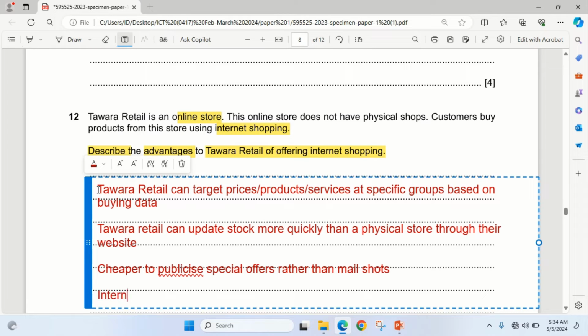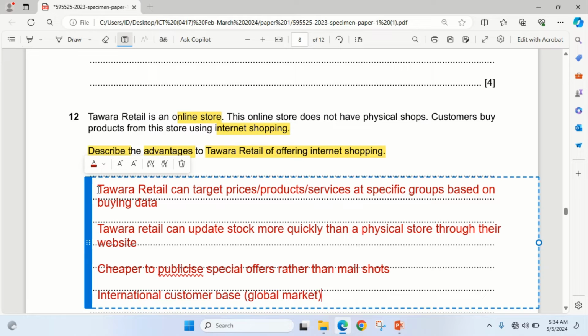That's another advantage. International customer base or global market. That's what we mean by global market. Because by the use of the internet, the online store can be accessed by different potential customers from around the world.